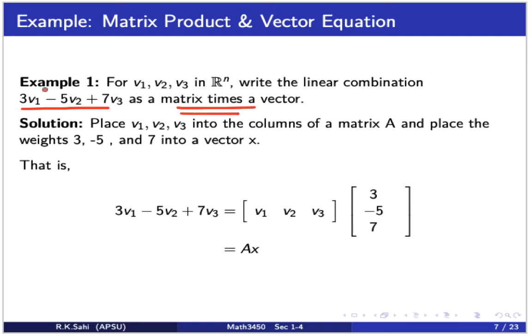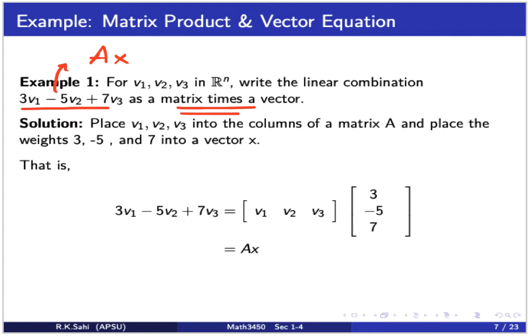That means this linear combination should now be written as A times X. Remember, v1, v2, v3 are vectors, so these vectors will become the columns of the matrix A. And the weights of this linear combination will become the entries in the vector X. So it's 3, minus 5, and 7.